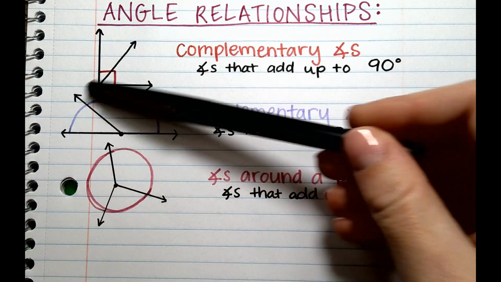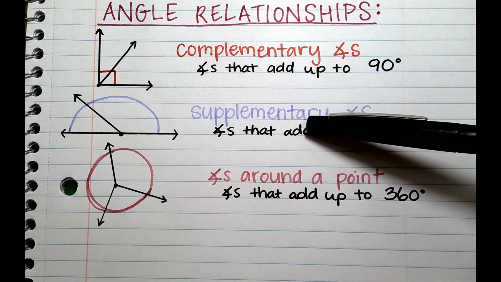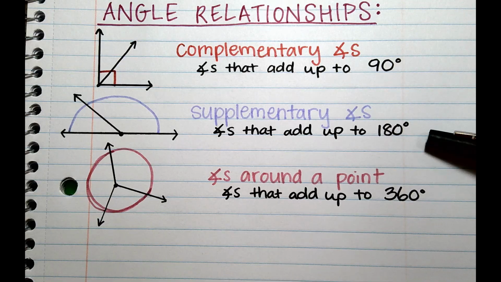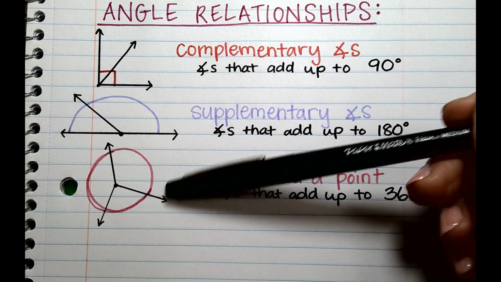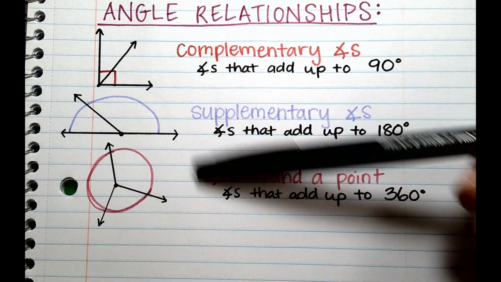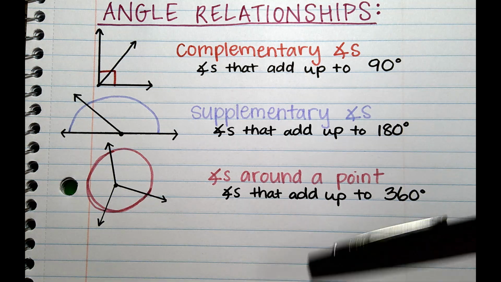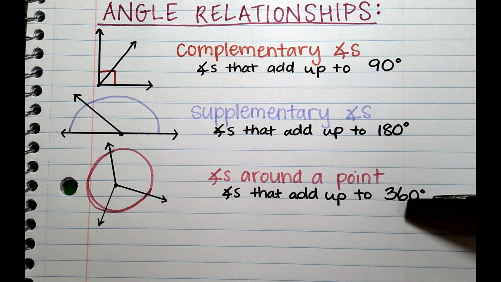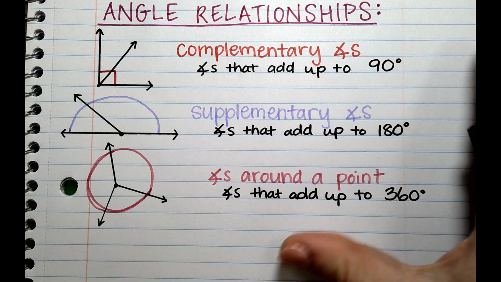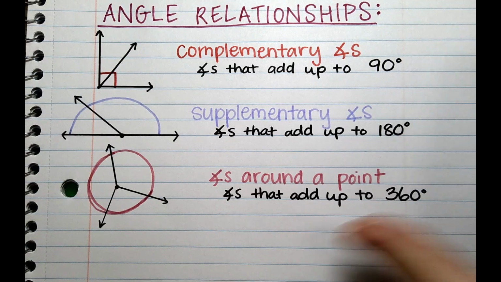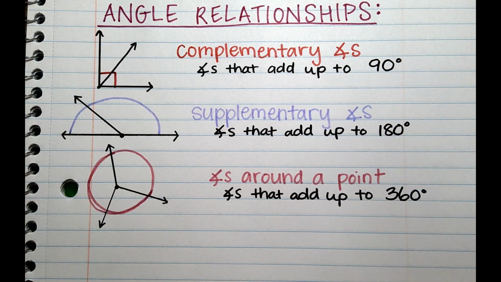If the angles are on a straight line, they're supplementary. They're going to add up to 180. If they're around a point like this and they're making a full circle, they're going to add up to 360 degrees. So make sure that you've got this written down somewhere because it will certainly come in handy.